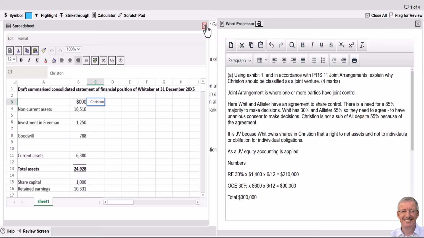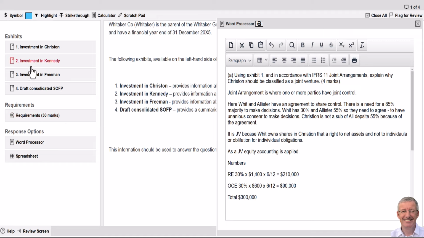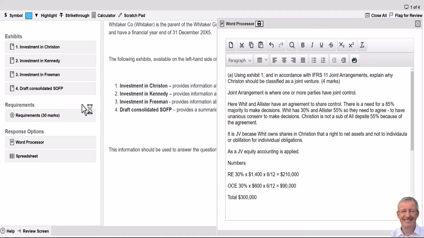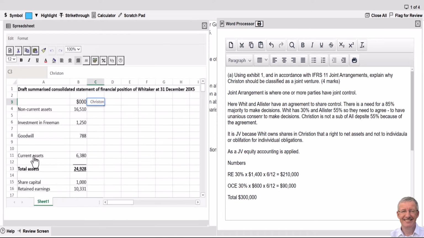So let me just remind myself where the joint venture appeared. It recorded the shares as a non-current asset measured at cost of 1.9 million. We are specifically told that it's a non-current asset. So I need to take it out of non-current assets.